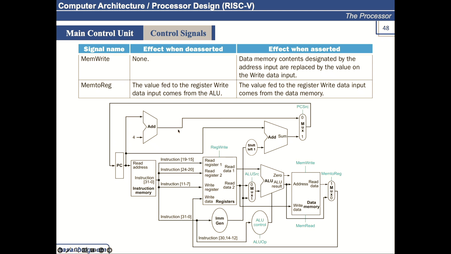If the PC source value is 0, it means that it will be executing the next instruction calculated by the current PC plus 4. If PC source is 1, it means that the branch instruction has to be executed, and the branch address is calculated at this point.